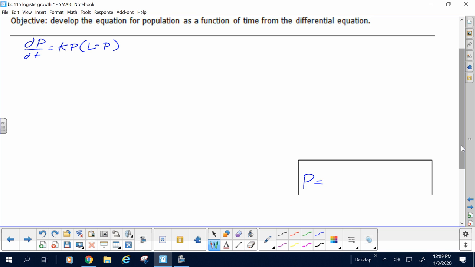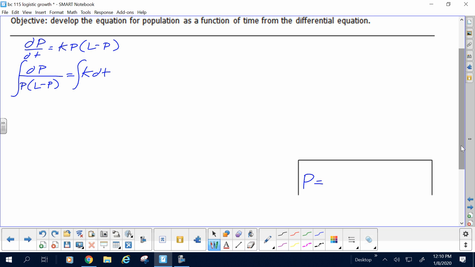Okay, so calculus time. What do we do? Separate the variables. So dP over P(L minus P) equals k dt. Cool. And we're going to integrate. I'll integrate the right side, kt. Boom. You integrate the left side.